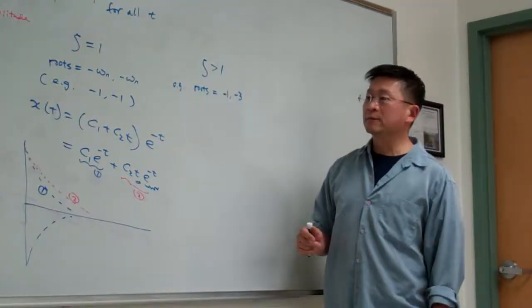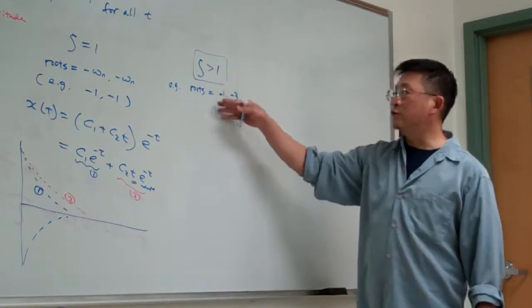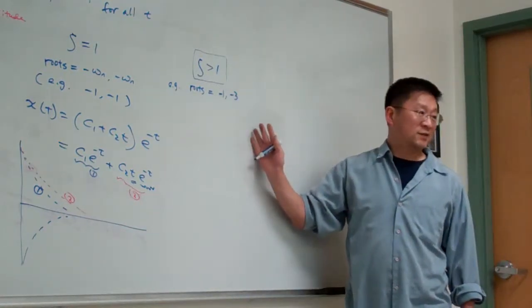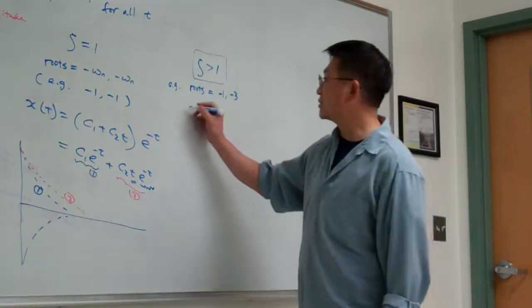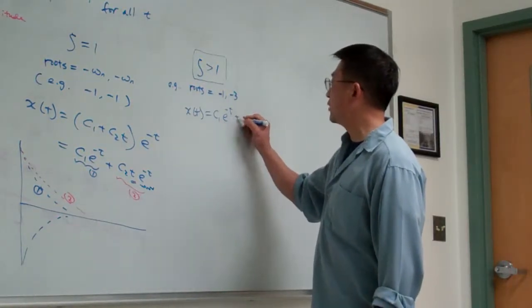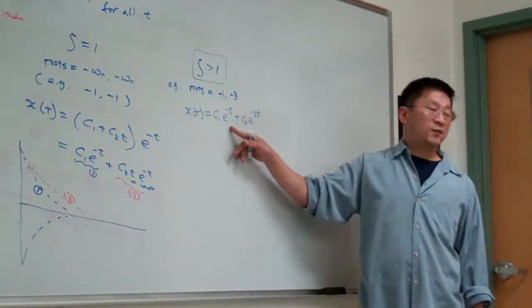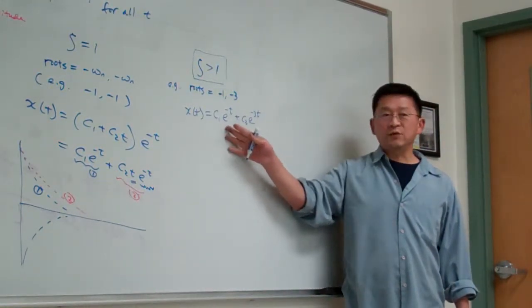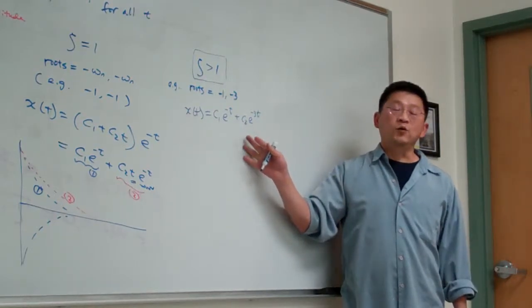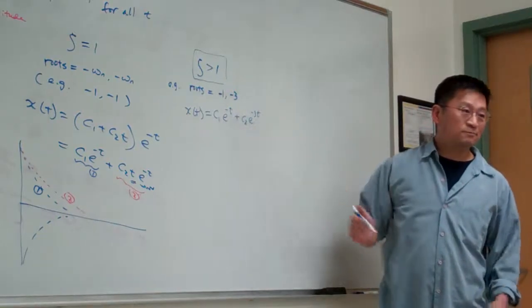For a positive damping ratio, we guarantee all the roots will be negative. So in this case, x of t will be c1 e to the minus t plus c2 e to the minus 2t. And again, that is the summation of two exponentially decaying functions. So definitely this is a stable system.